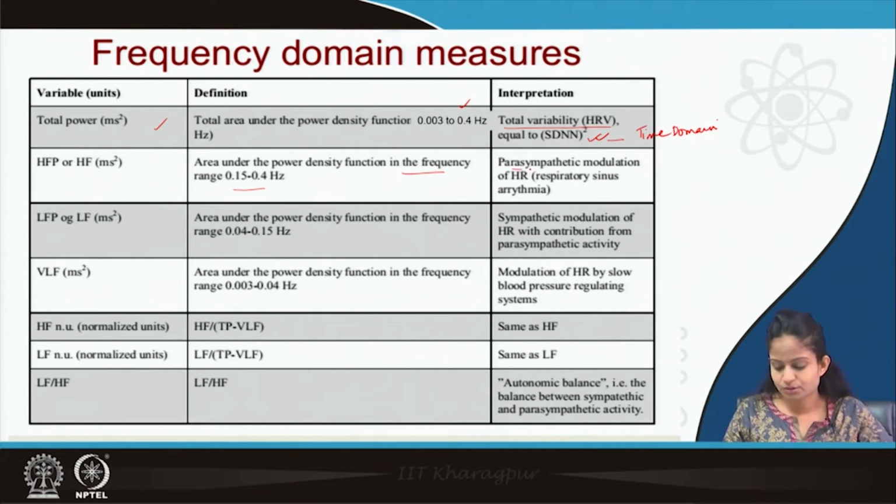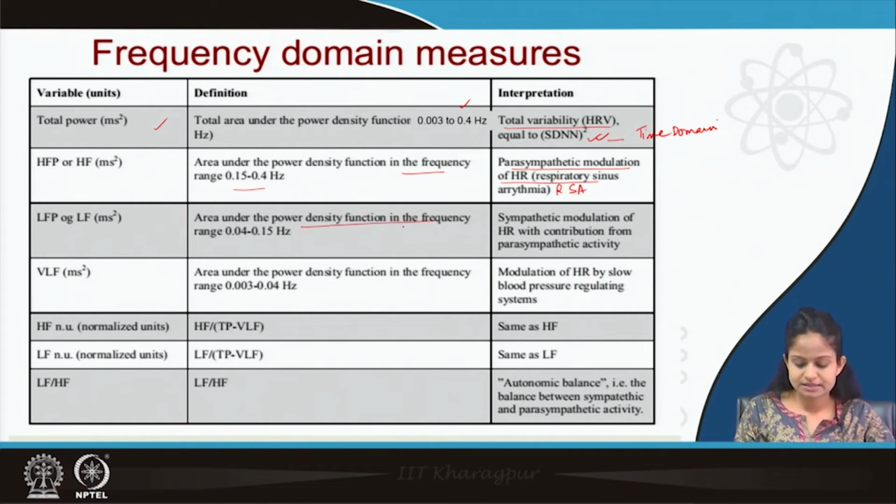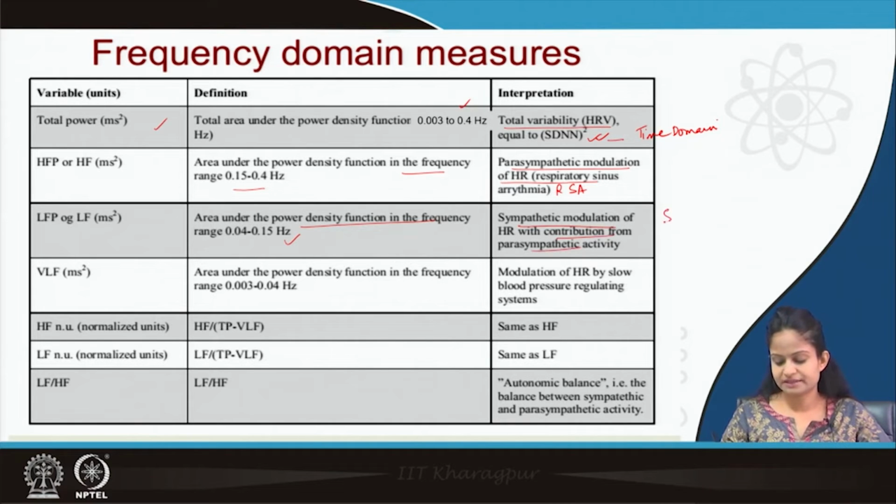The parasympathetic modulation of the heart rate, mainly respiratory sinus arrhythmia. Then we have the low frequency density, which lies between 0.04 to 0.15 Hertz. This is mainly because of the sympathetic modulation along with the contribution of parasympathetic activity. Sympathetic more, parasympathetic activity less.